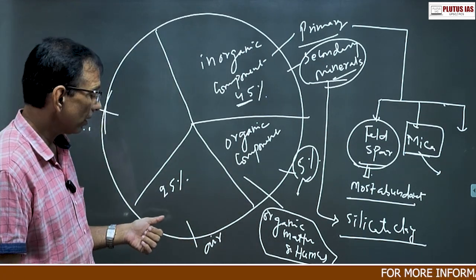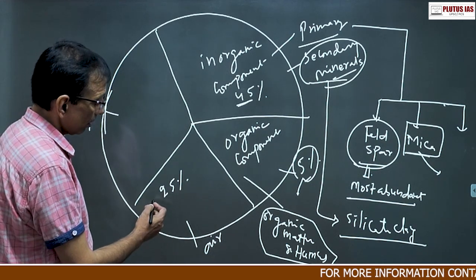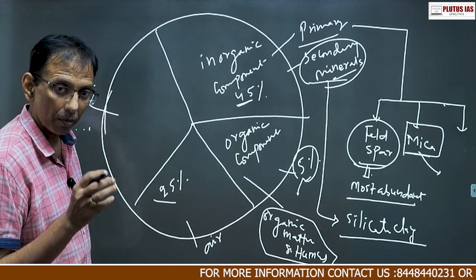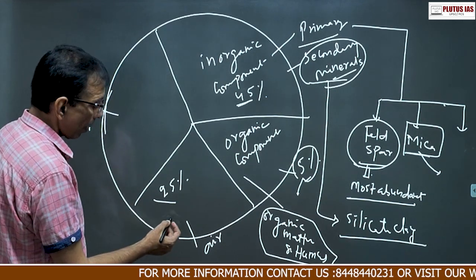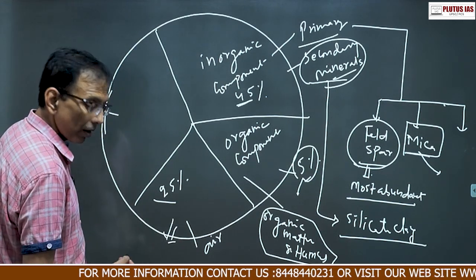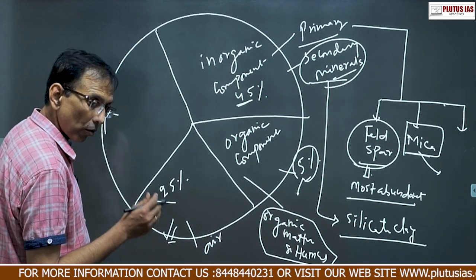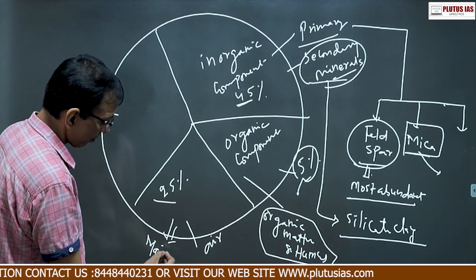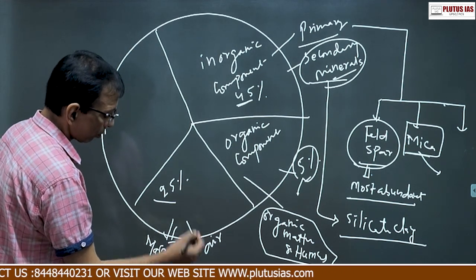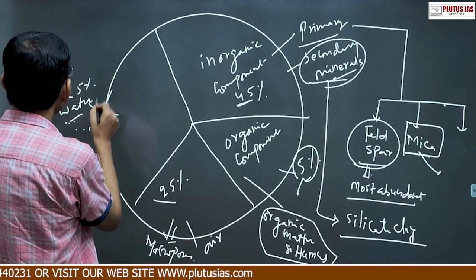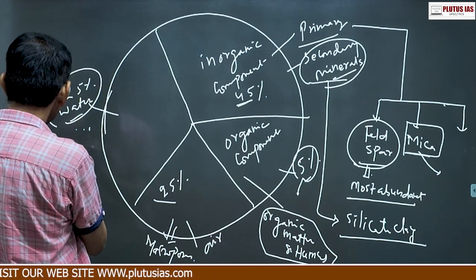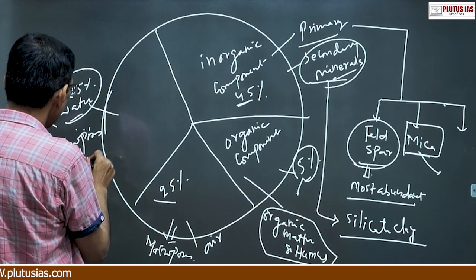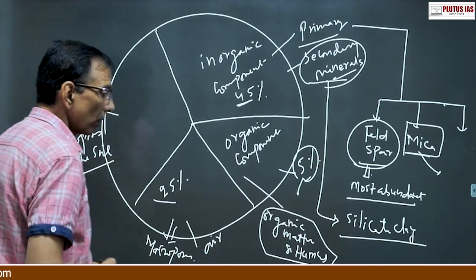And then air is present in soil through micropores and macropores. Basically, air is more predominantly found in macropores of the soil, while water is present in micropores of the soil.